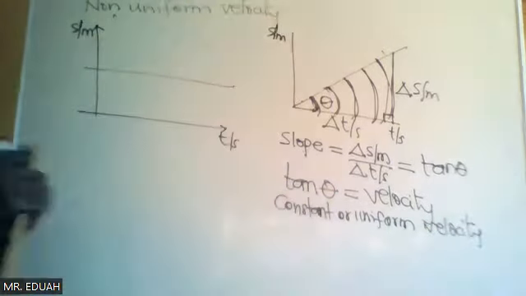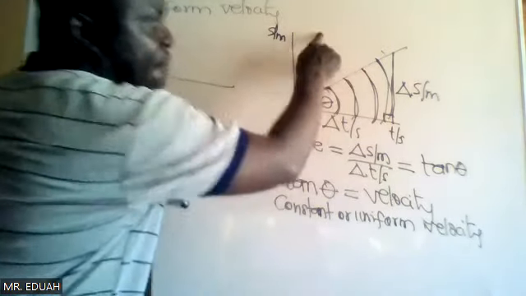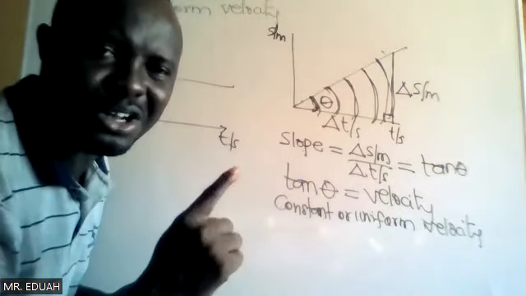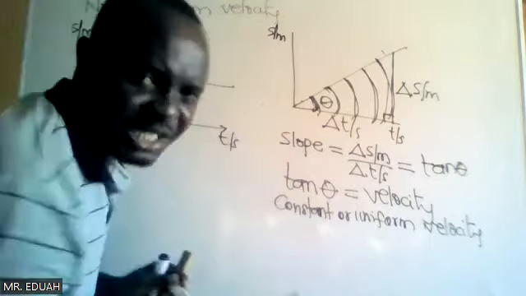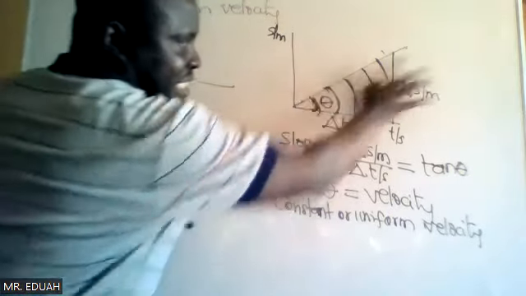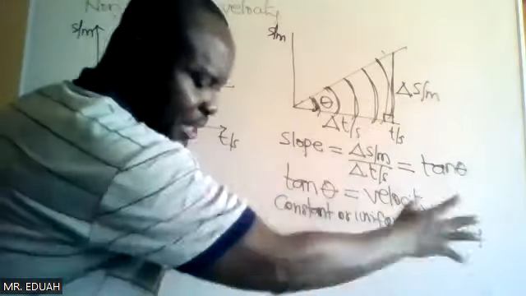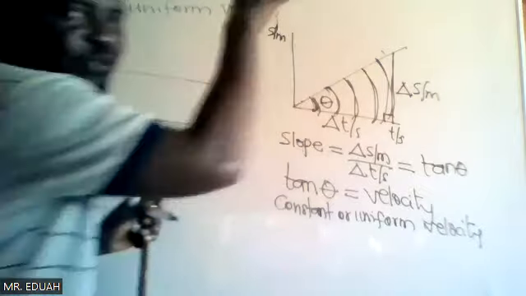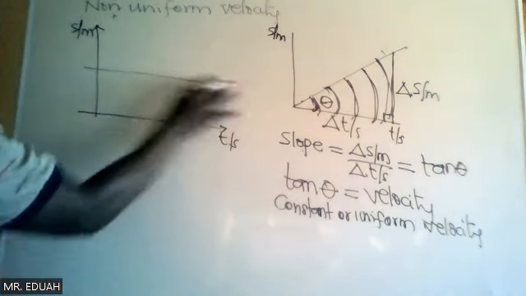That is why we give this the name uniform velocity motion. It is because the angle is uniform or constant, and the angle is equal to velocity or speed. Hence the name uniform velocity motion. Now, let's come to this one.